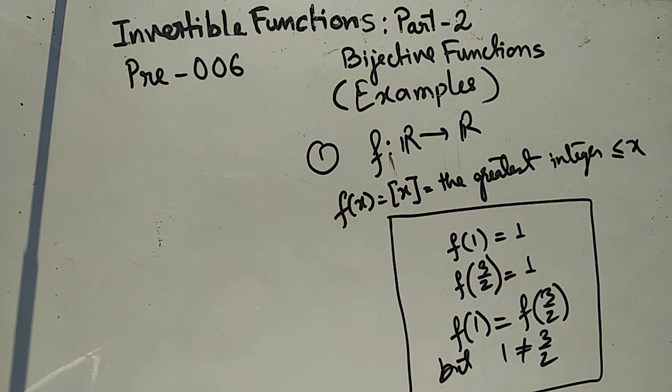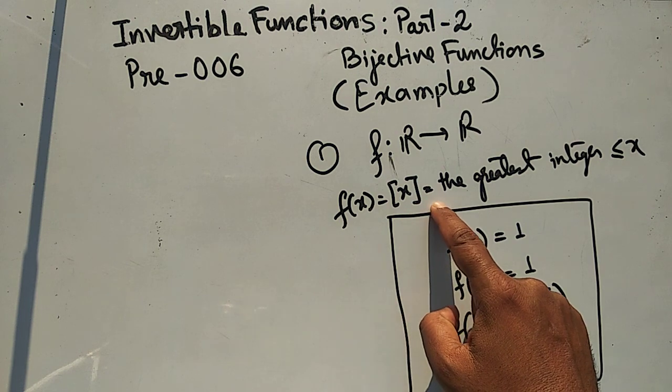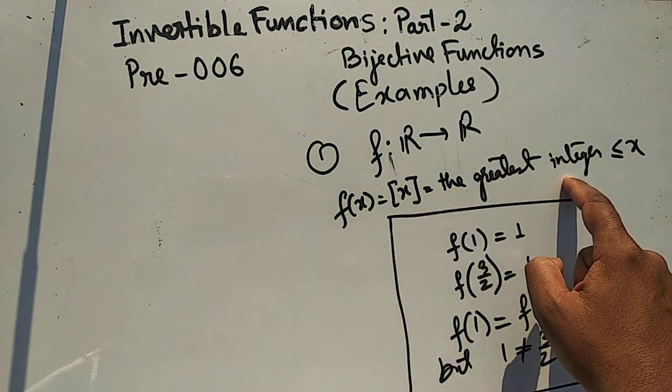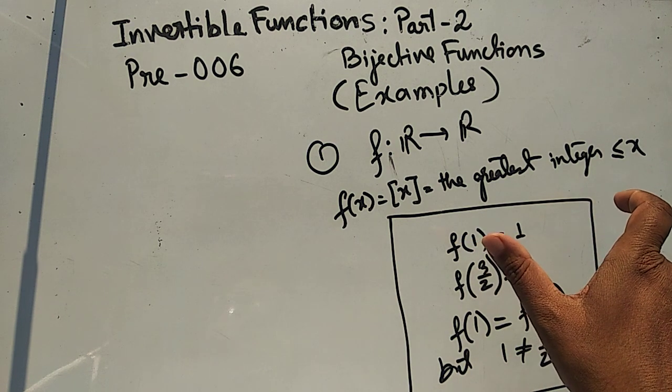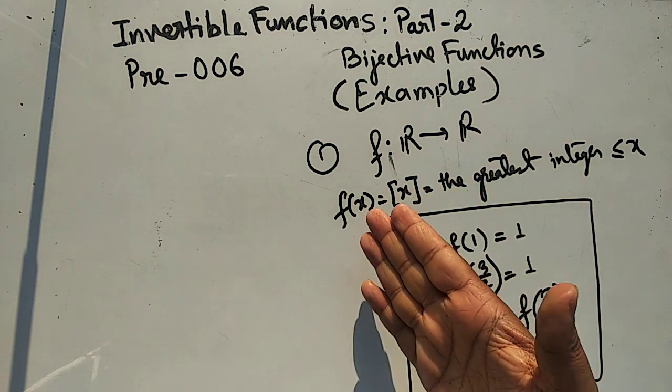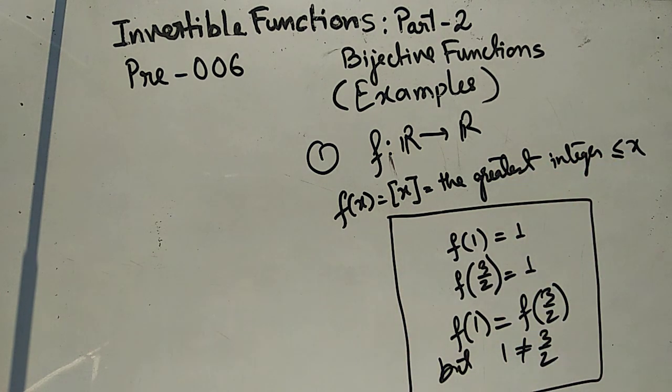for the greatest integer function, you can clearly see f of x equal to greatest integer function of x. It means the greatest integer less than or equal to x, means the result is an integer. So whatever x you put here, the answer will be an integer.